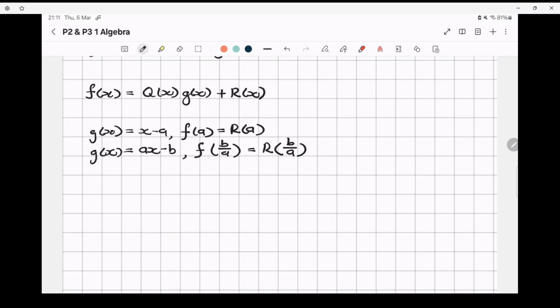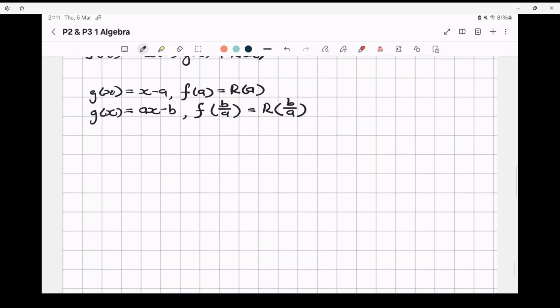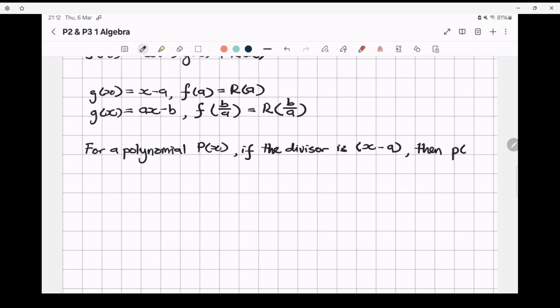So similarly you can draw the same conclusion. So for a polynomial p(x), or rather if the divisor is of this form, then p(a) is the remainder.